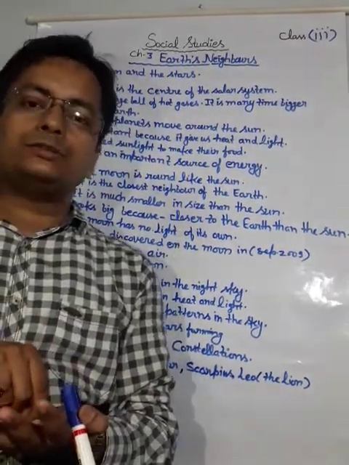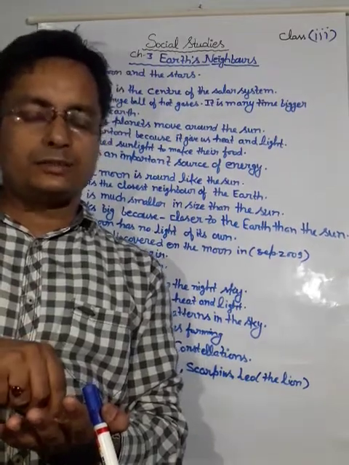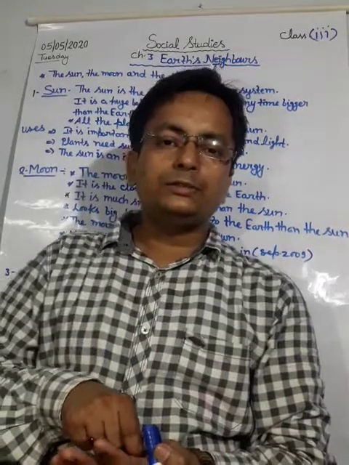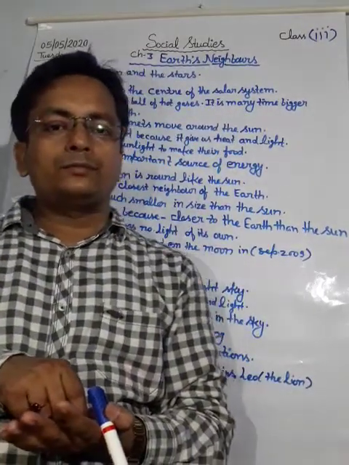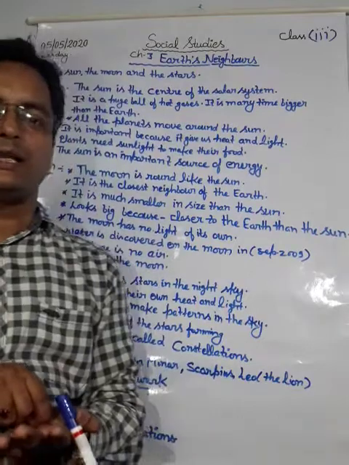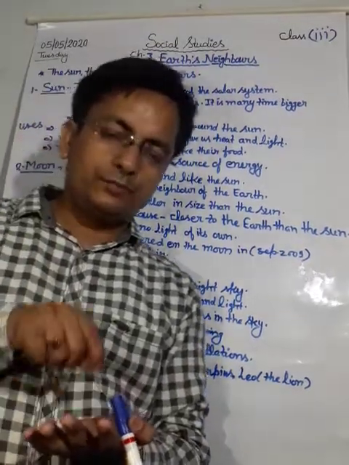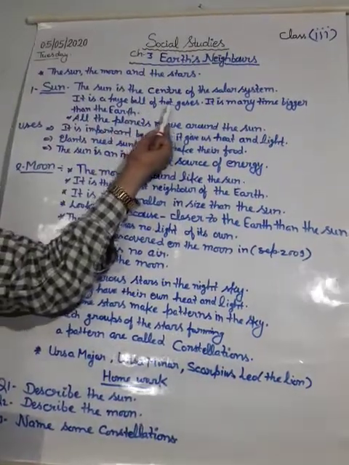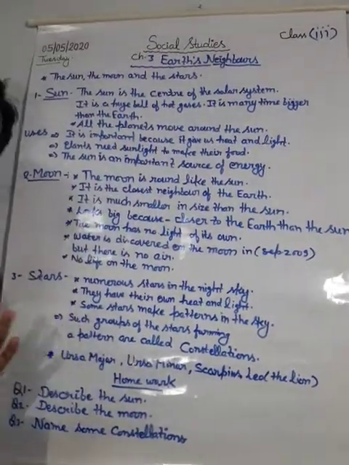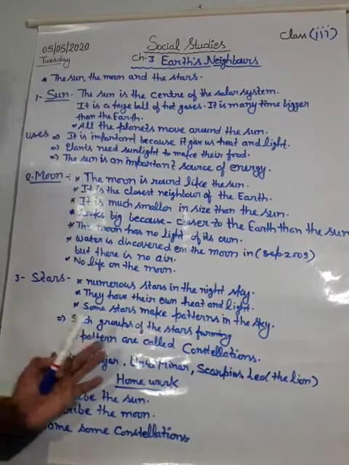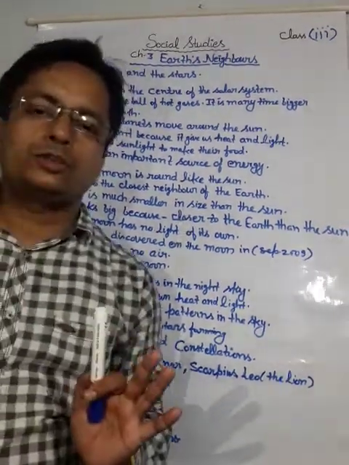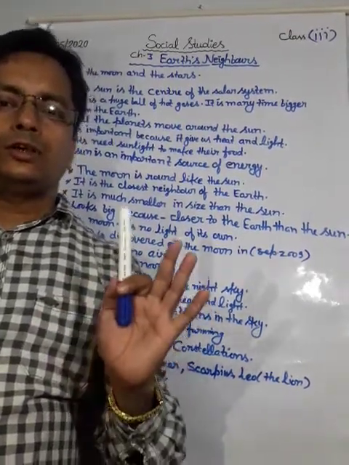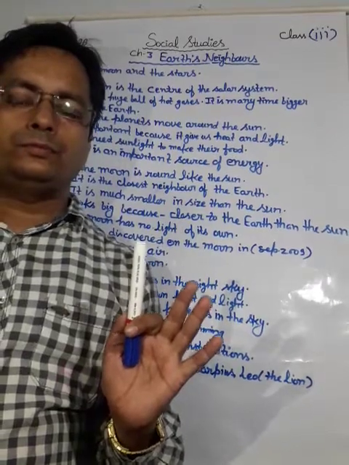In the center there is the sun, and 8 members of the sun family are known as planets. 8 planets of the solar system. The sun is a huge ball of hot gases. We all know that the sun is very hot.